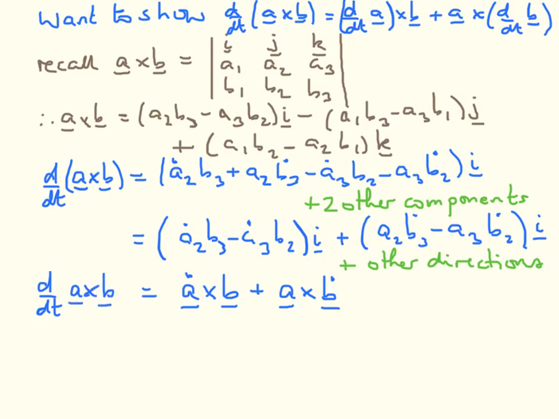the vector product of A and B is given by the derivative of the first vector crossed with the second plus the first vector product of that with the derivative of the second. And it's essential here that we maintain the ordering.